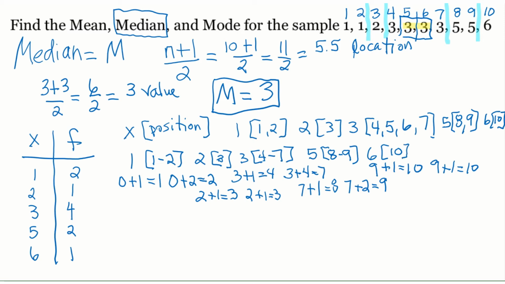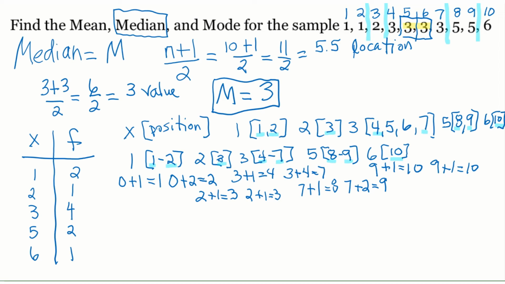Okay, so you can see that when we did it by adding the frequencies, we got the lower and upper boundaries of what we had previously calculated by looking at it all listed out.